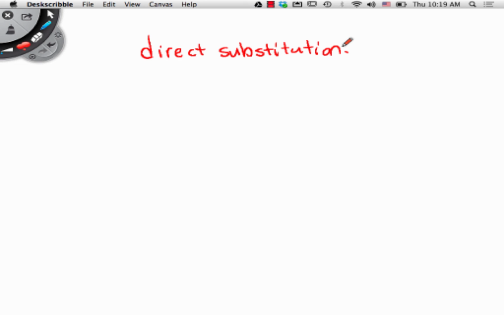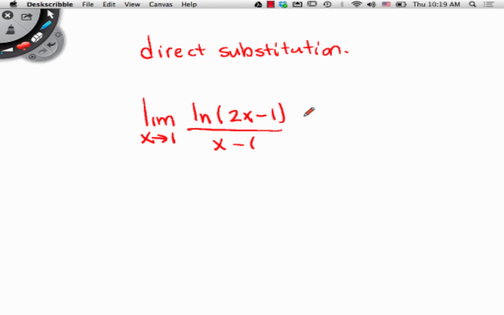For example, look at number 25. 25 says, what is the limit as x goes to 1 of the natural logarithm of 2x minus 1 over x minus 1? Let's use direct substitution on this.